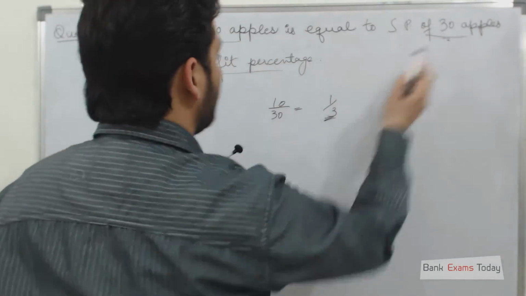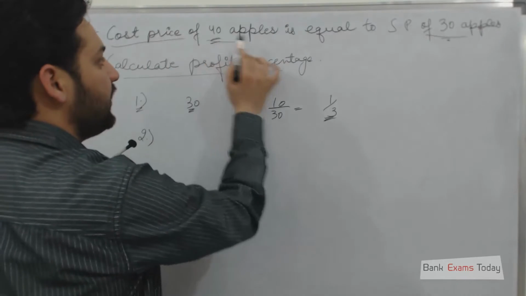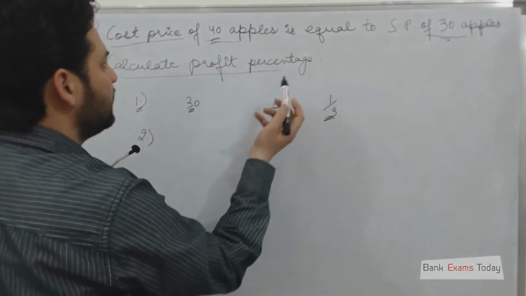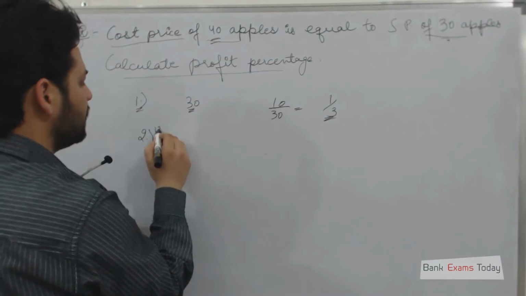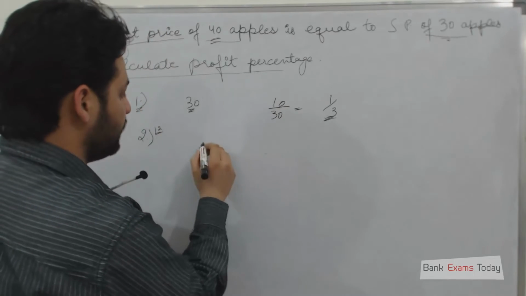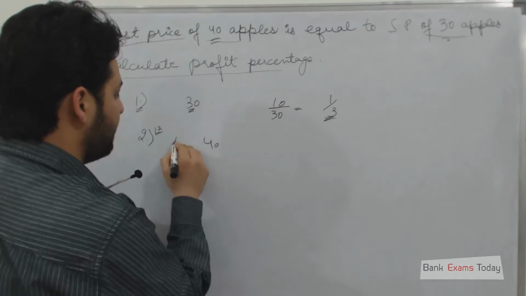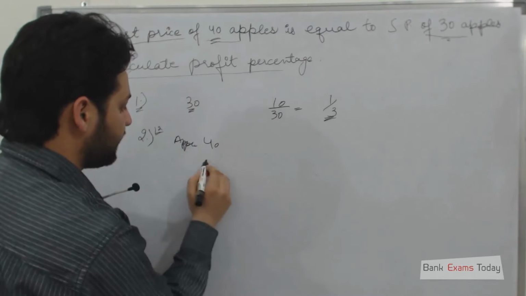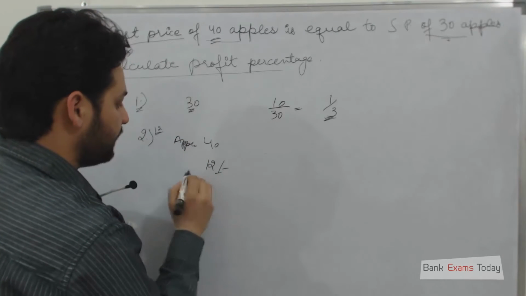The second method is, let's assume the cost. First of all, we'll take the LCM of both of these. These will become 12, 4 and 3. So let's assume that a person buys 40 apples at 12 rupees per apple.